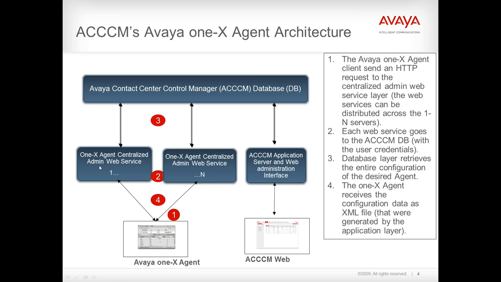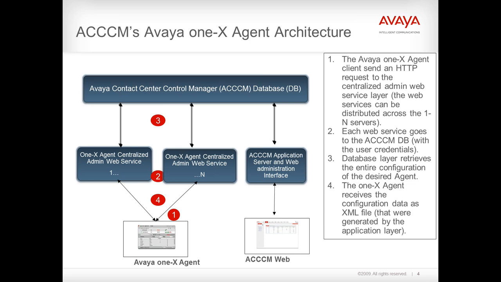Once the client sends the authentication request over HTTP or HTTPS to the ACCCM 1X web service, based on the client authentication type, the ACCCM web service will interact with the ACCCM 1X DB to check the user or agent configuration.